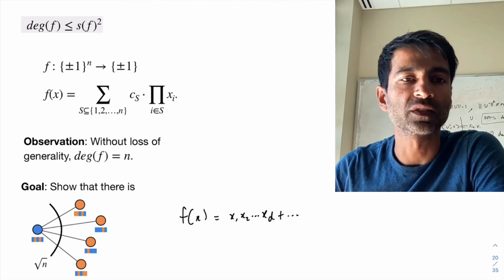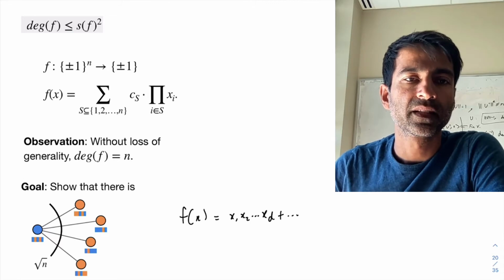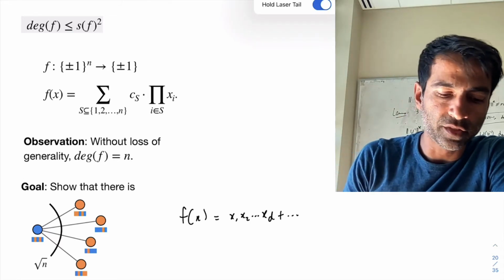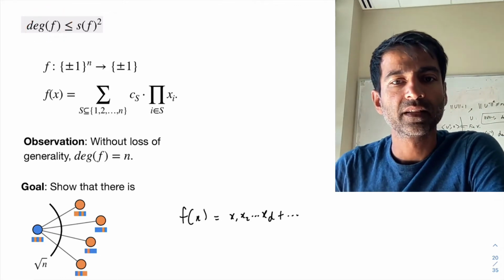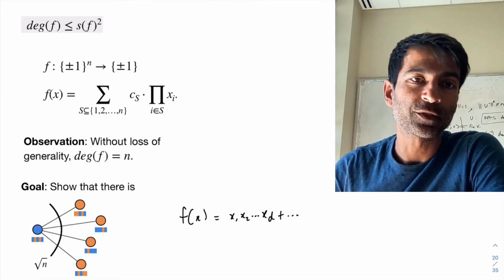Just fix them all to 1. When we do this, the degree of f does not go down. It remains the same. The sensitivity could go down.